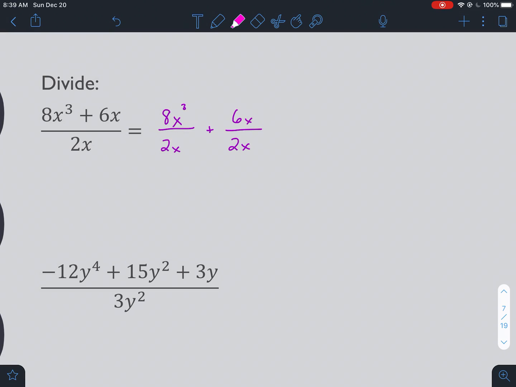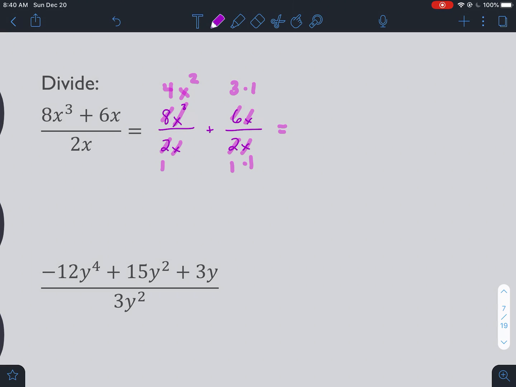And so now you can reduce both of those fractions like you would normally reduce. 8 over 2, both of those reduce, and you get 4 over 1. And then x to the third over x, well, we did that earlier in this unit. You can subtract their exponents, and you get x squared left on top. And then plus 6 over 2, those reduce to 3 over 1.